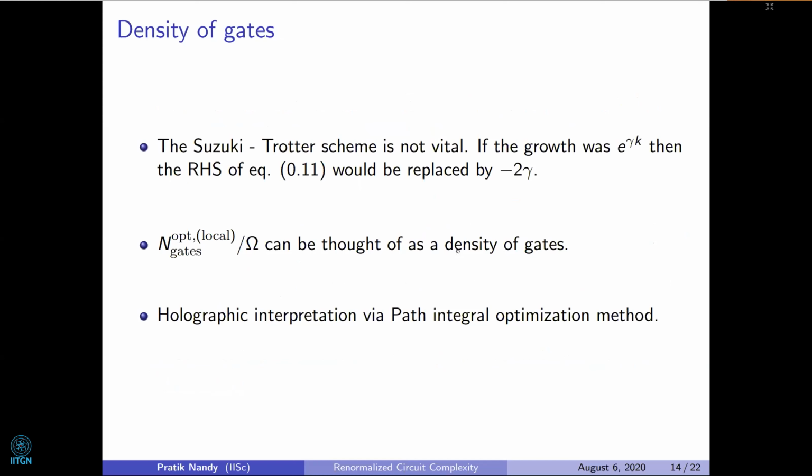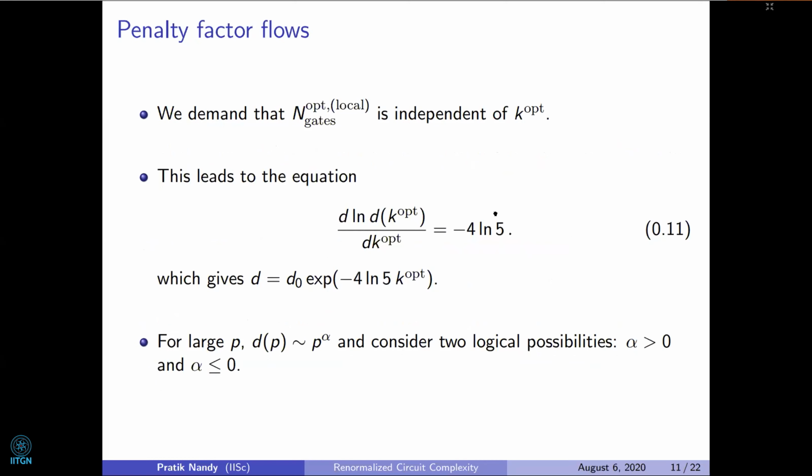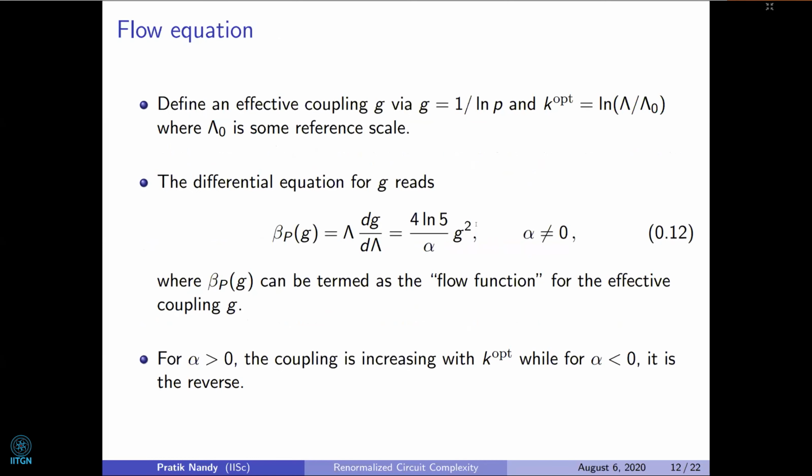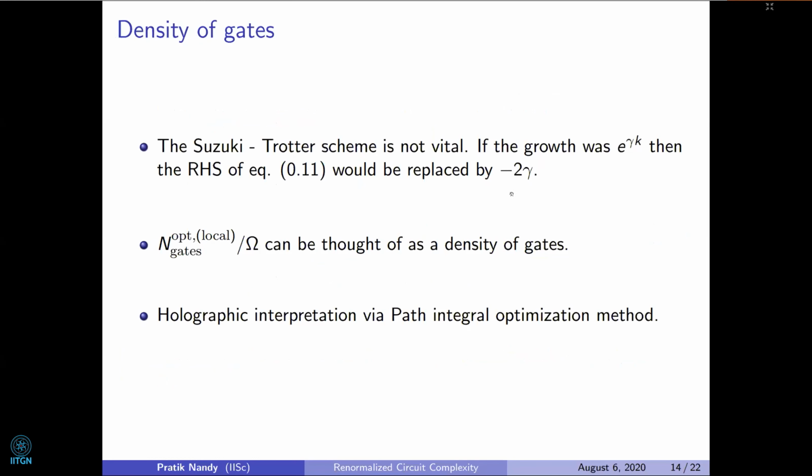We got this plot by using the Suzuki-Trotter formula, but the actual Suzuki-Trotter scheme is not vital. In fact, if this was a growth of some e to the power lambda k, so this right hand side of the equation is actually replaced by some minus 2 gamma.